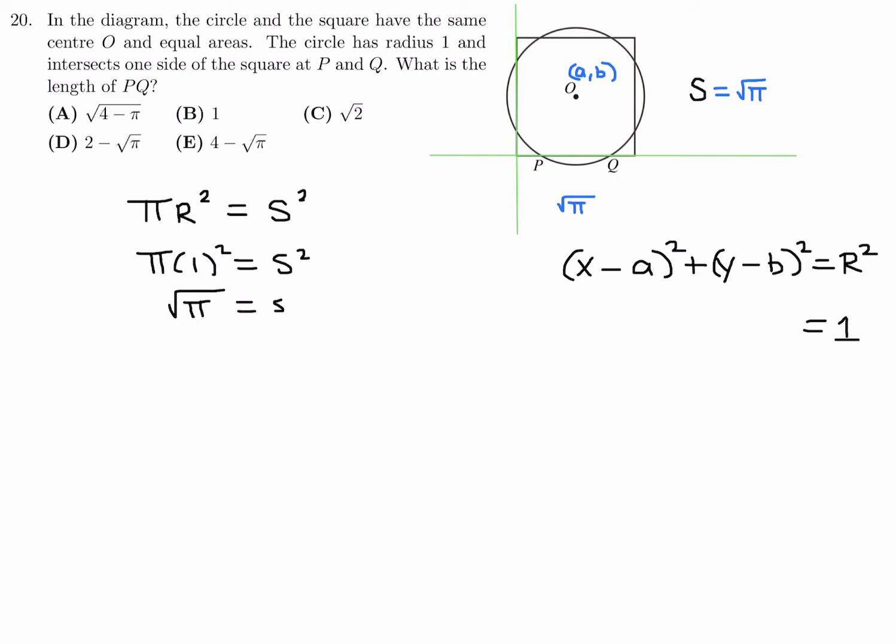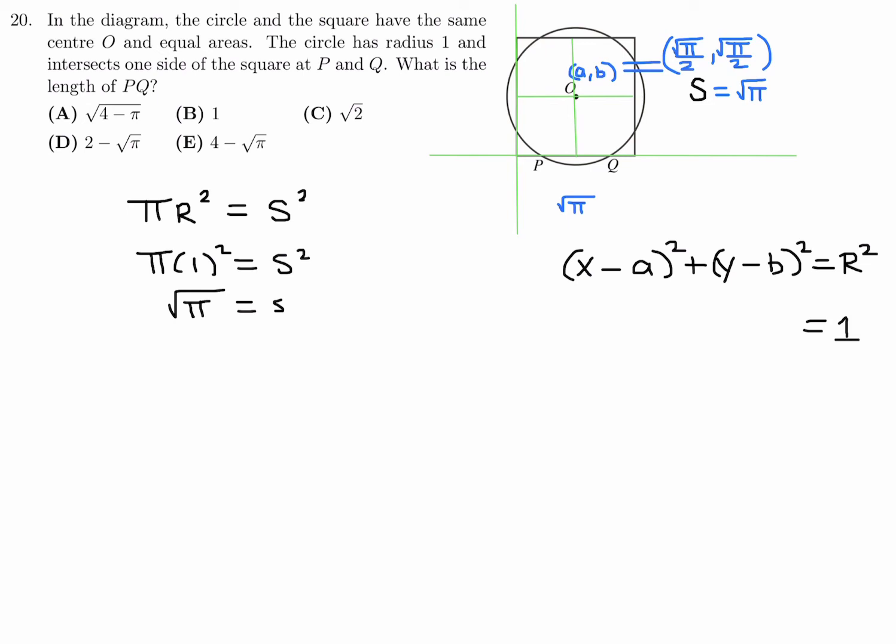So, for example, if you were to draw a line from there to there, and another line from top to bottom, you'd be able to see that (a, b) is really just root pi over 2 and root pi over 2, like that. So that helps us out.